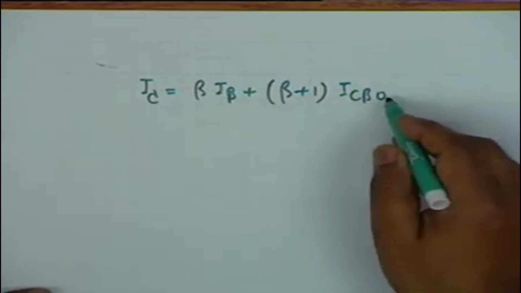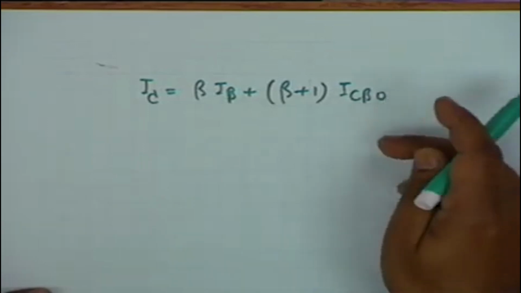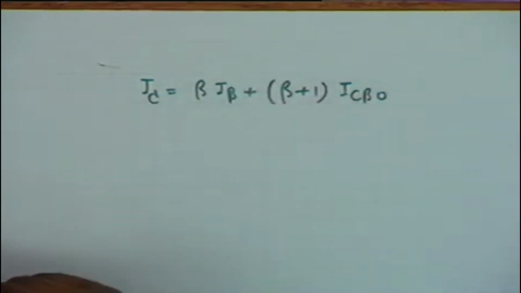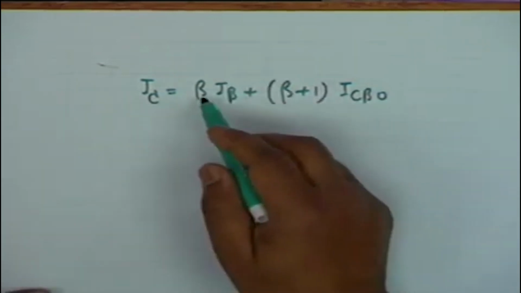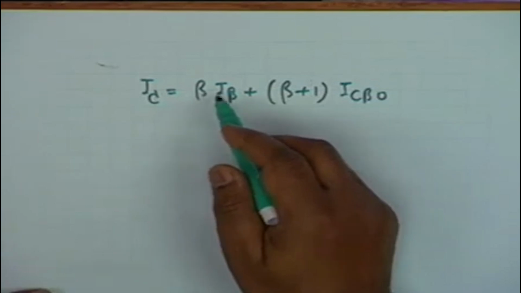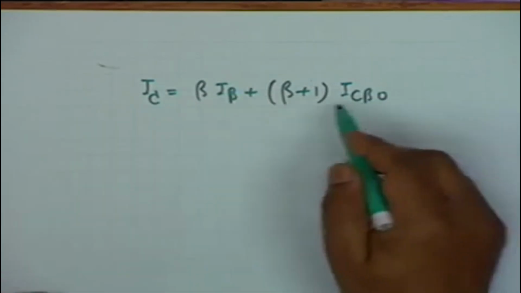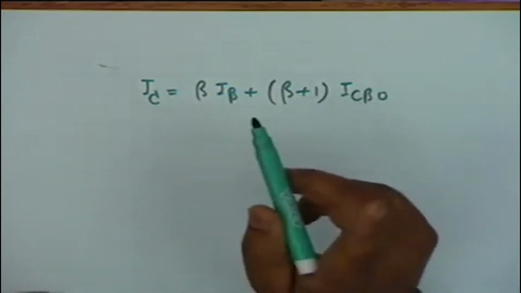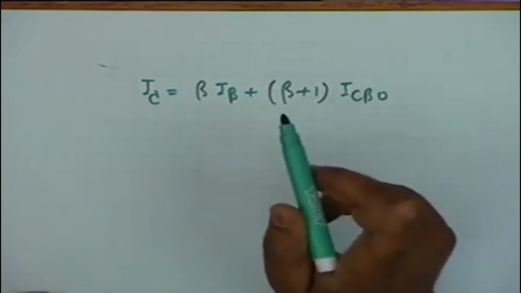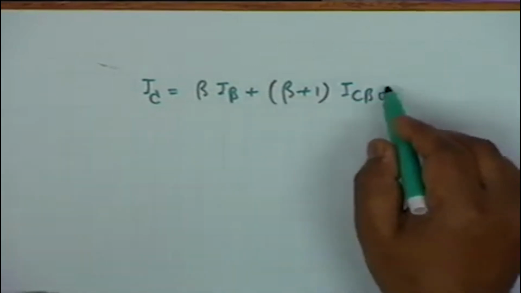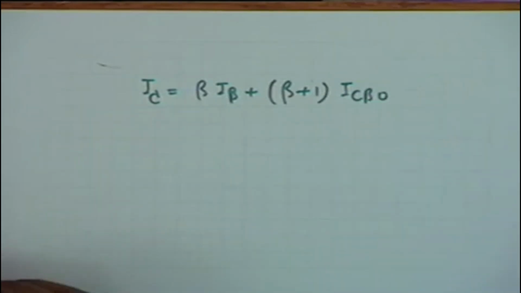So 100 times microamps becomes 0.1 milliamps. I sub B is of the order of a milliamp and beta is of the order of 100. So this quantity becomes of the order of 100 milliamps, whereas this becomes of the order of 1 milliamp. Was it 1 or 0.1? 0.1. And therefore this quantity would be negligible compared to beta I sub B.